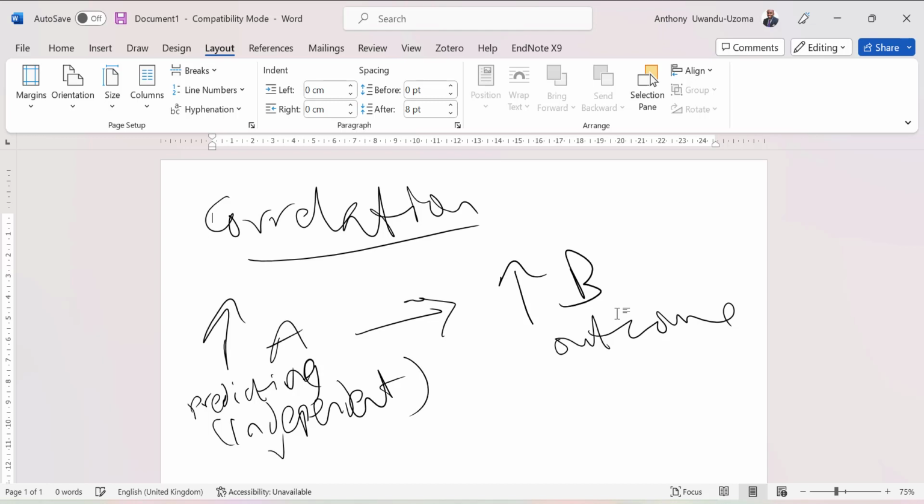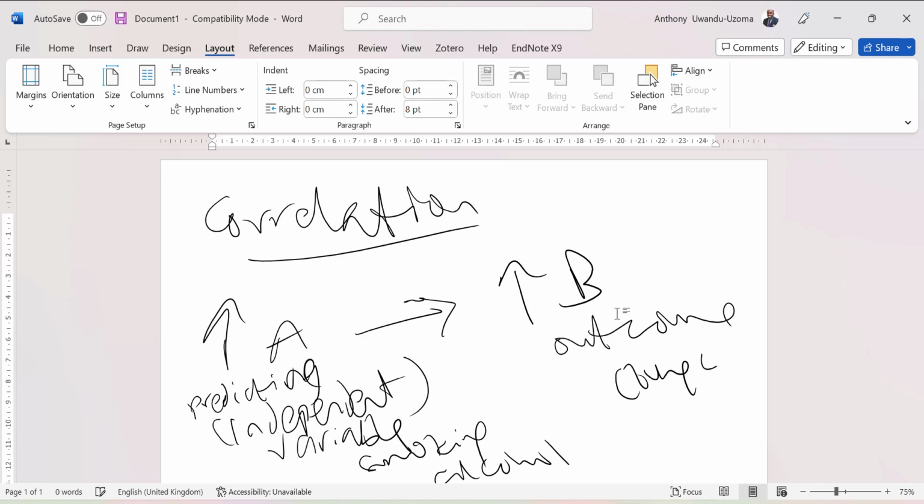That is the variable that the researcher will manipulate to generate results. That's the outcome, right? So if you have smoking, smoking can be the independent variable. Smoking and alcohol intake can be the independent variables, while the outcome is lung cancer, or an increase in blood pressure, depending on whatever you are measuring.